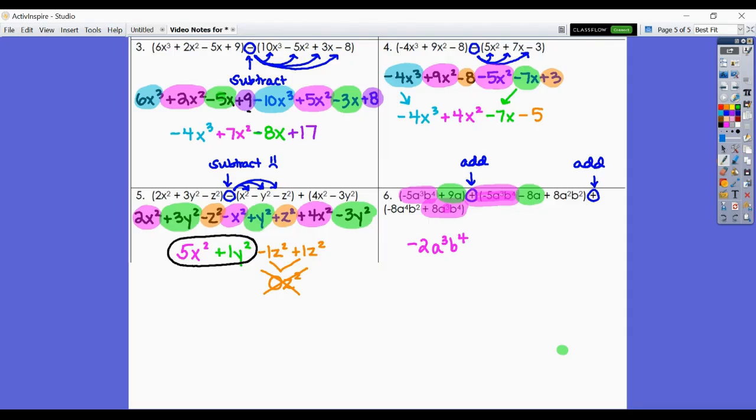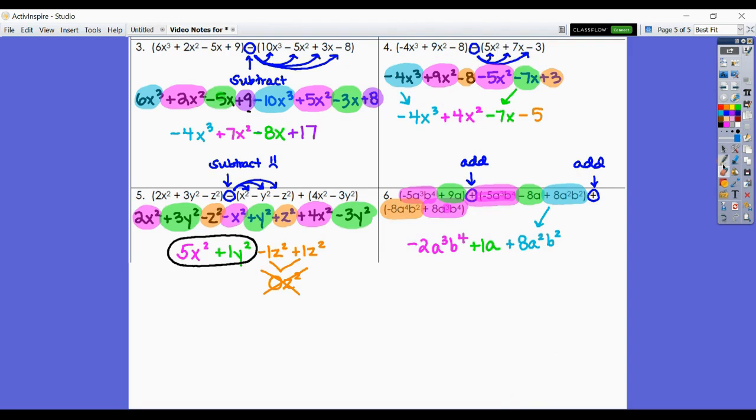Then we go ahead and have our positive a squared b squared term combines with nothing else, so we just go ahead and bring it down. There is no other like term where your a has an exponent of 2, and so does your b. And then we have one more term, which is negative 8a to the fourth, b to the second power.